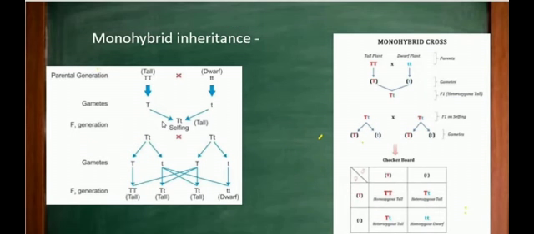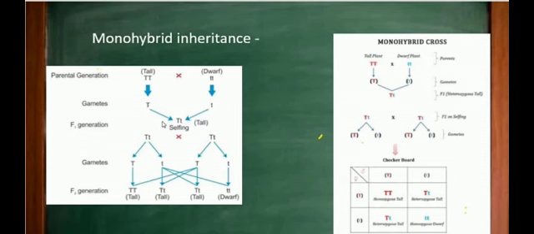So this is the monohybrid cross, and now you have to display it in the form of a checkerboard. So how will you do it? Here it's given on your right. So here you will write the two generations. You will write down capital T, small t in the row, and in the column also you will write down capital T, small t.